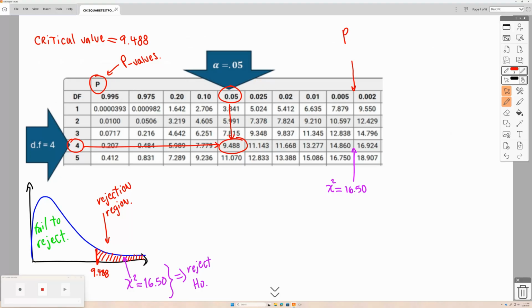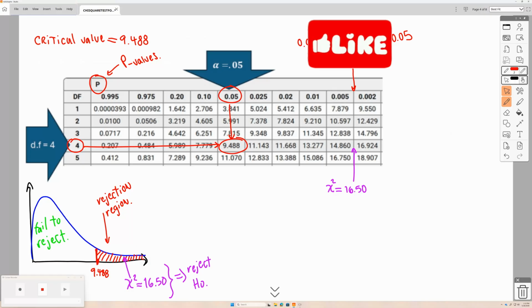So our p-value is going to be in between 0.002 and 0.005. So any value in this interval is less than the significant level alpha of 0.05. So since the p-value is less than alpha, we are going to reject the null hypothesis.